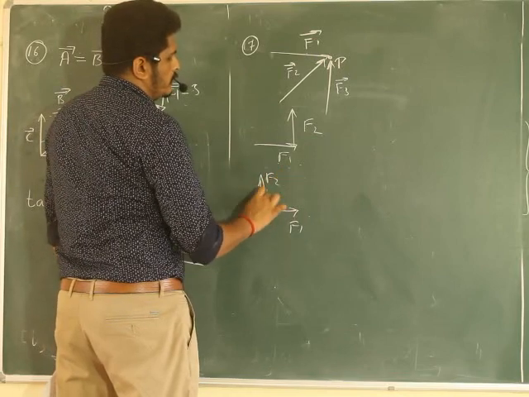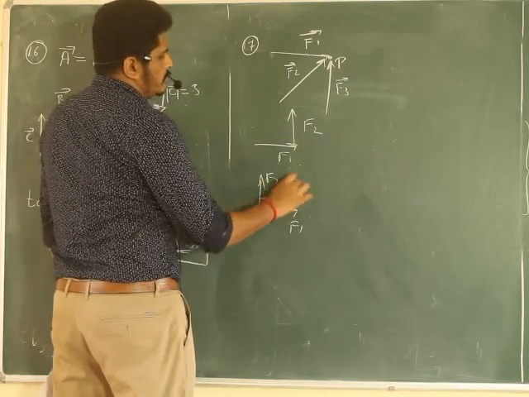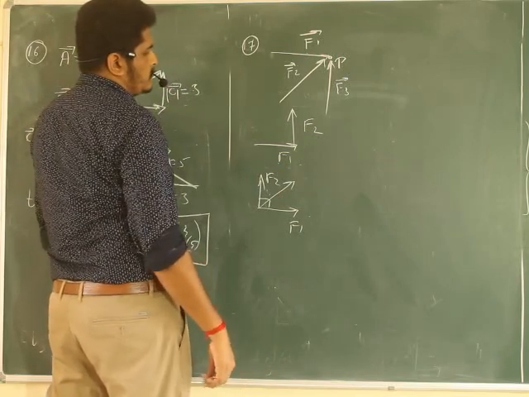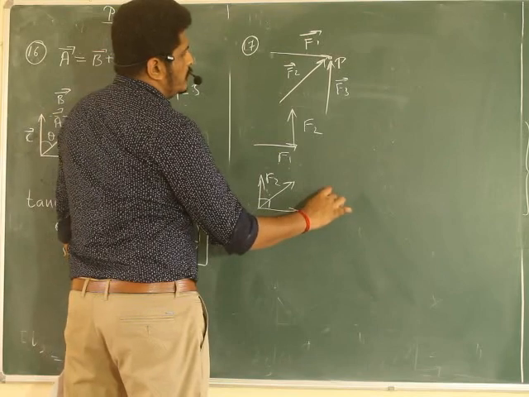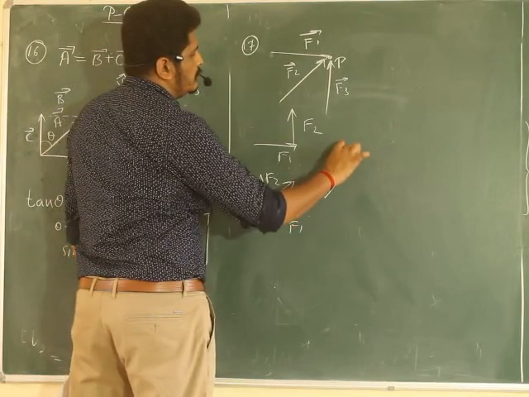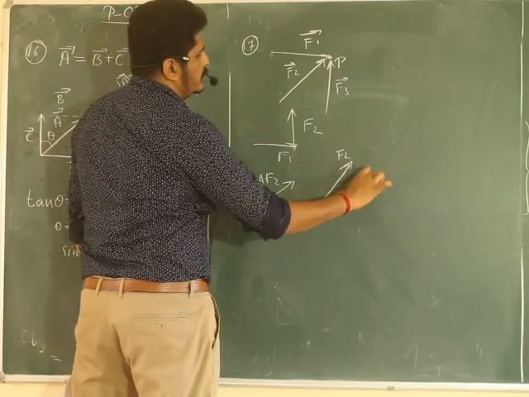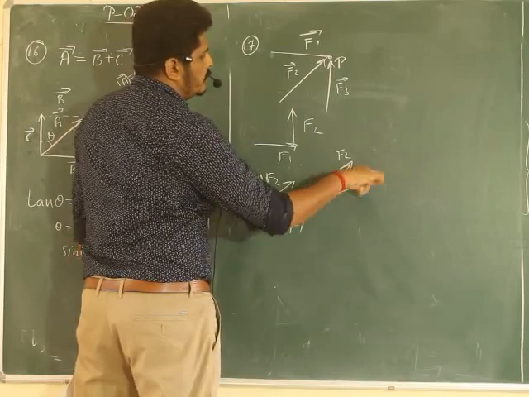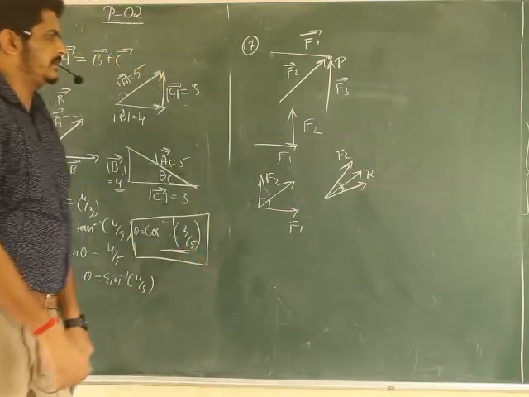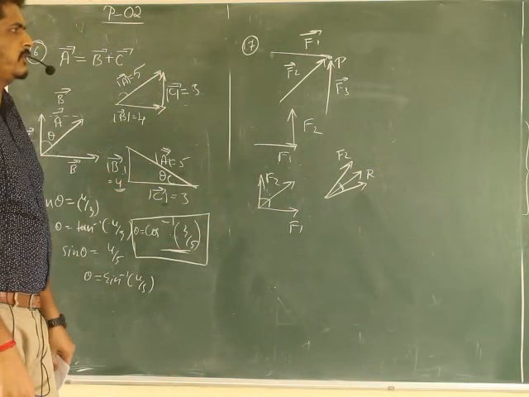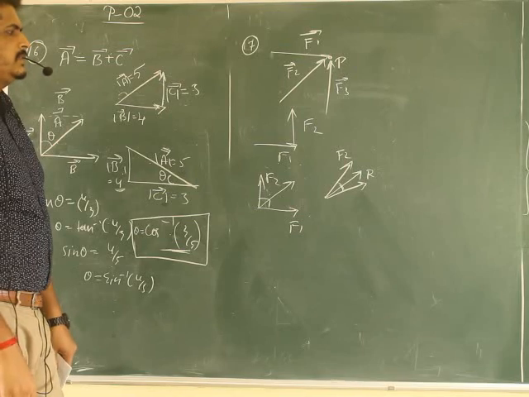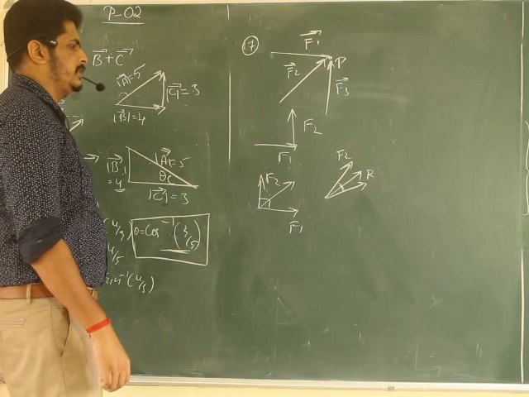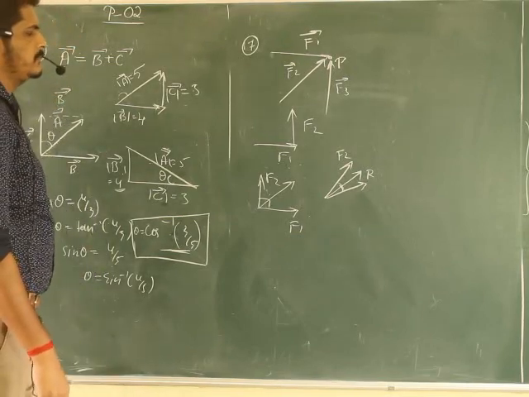F1, F2 angle is 90 degrees. The resultant will be in some direction in this way. Already F2 is there. This will have some angle, and that will be the resultant. Like this, 2 new vectors will be there. Again the resultant will be in some other direction, like this. I think the diagram is clear for you, you can make it out. So like this we resolve the vectors, correct?